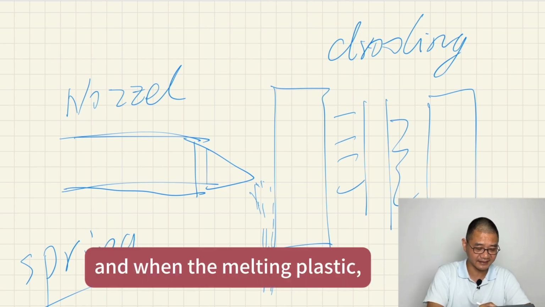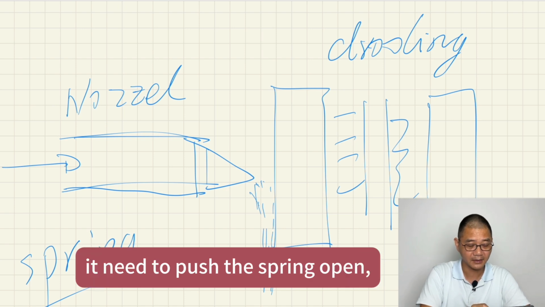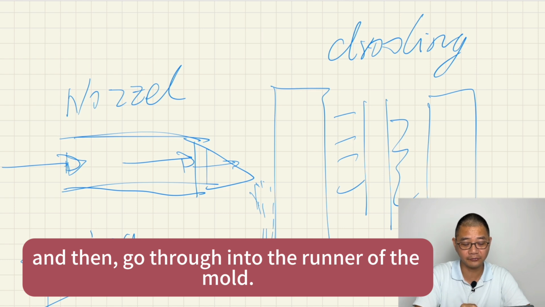When the melting plastic comes through here, it pushes the spring open and then goes into the runner of the mold.